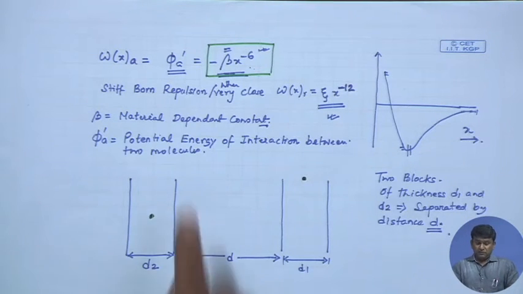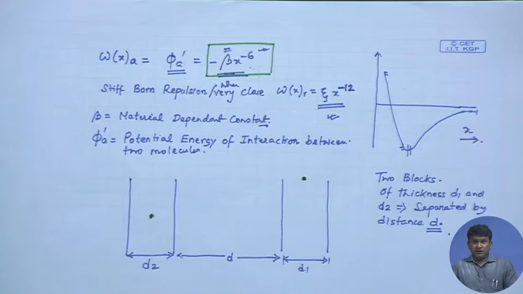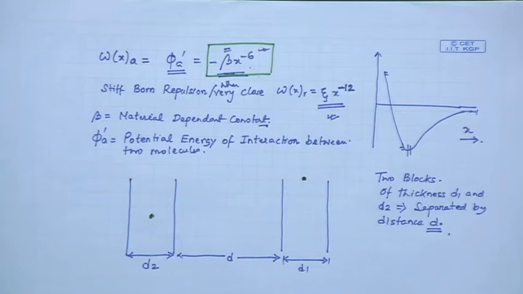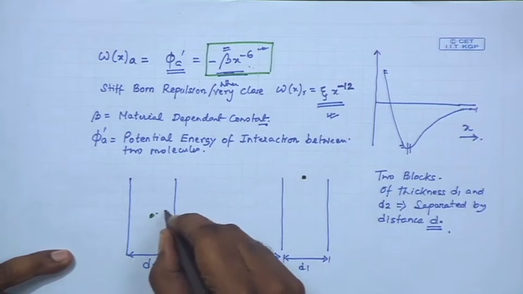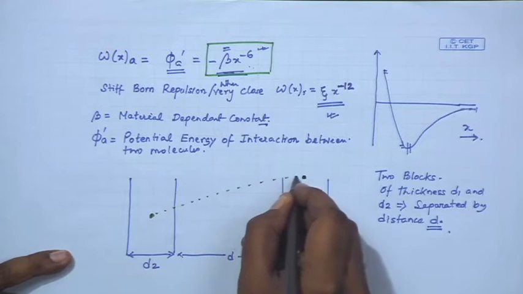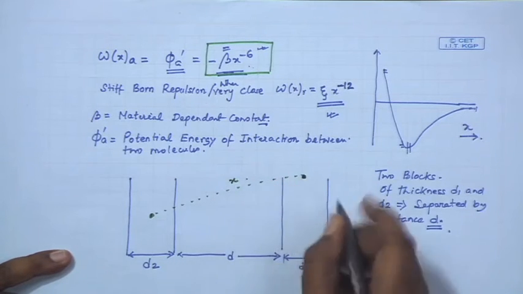We know the expression for the interaction between them, and then we will integrate in such a way that our formulation covers the interaction of all molecules present in block 2 with all molecules present in block 1, in other words the interaction between the two blocks. So, let us say we identify these two molecules which have a separation distance of, let us say, x.